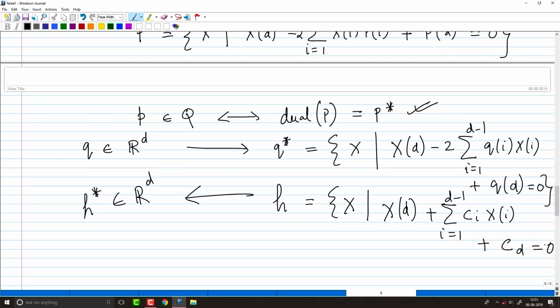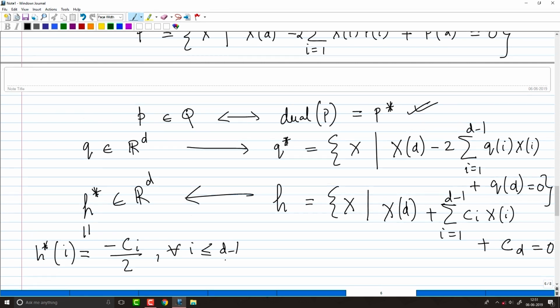How should I define H star? H star should be defined in this way. H star of i will be minus ci by 2 for all i less than or equal to d minus 1.